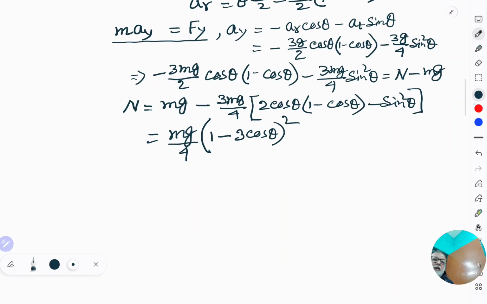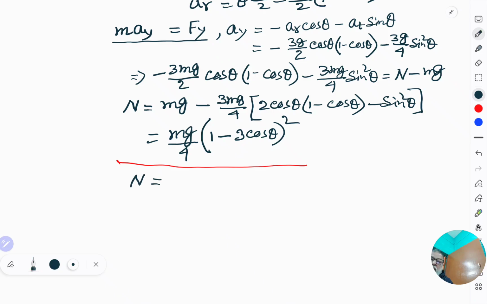Now this is interesting, this final expression of N. It shows that N becomes 0 at a particular value of theta. And how much is that?